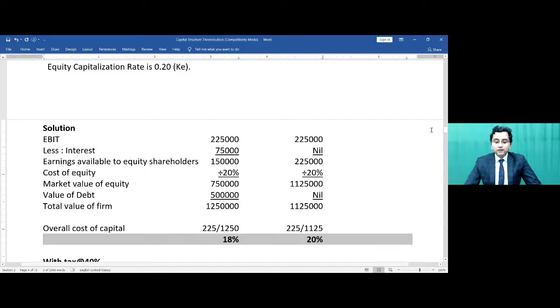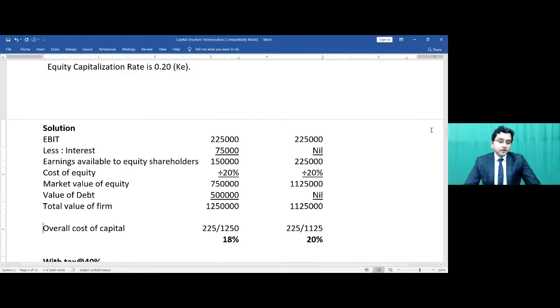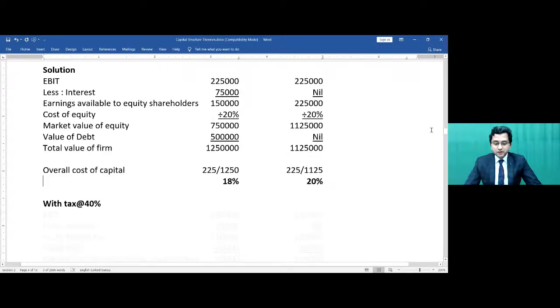When you solve it, you'll get 18% and 20%. If you are not using this formula, and you are using the regular formula of weighted average of KD and KE, then keep in mind you need to give weight of 7,50,000 and 5 lakh in case of ABC, that is the first company.